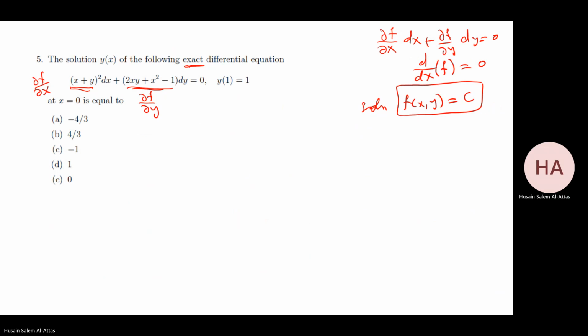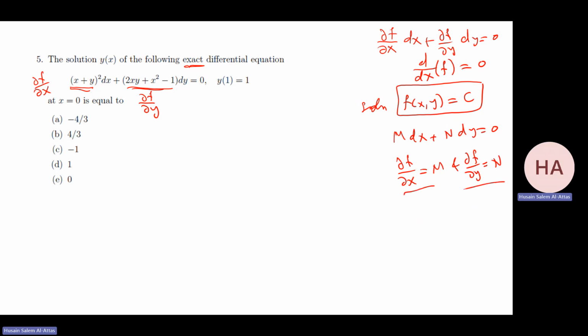As I said, if I write the differential equation M dx plus N dy equals 0, I need to start with partial f with partial x equal M, and also I have partial f with partial y equal N. I start with this one or that one, it's up to you. And then after that, you will find f with a constant, either a function of x or a function of y. It depends. You start with one, then use the other one to find that constant or that function of x or function of y. Okay, you can start with one of them. Let me start with this one.